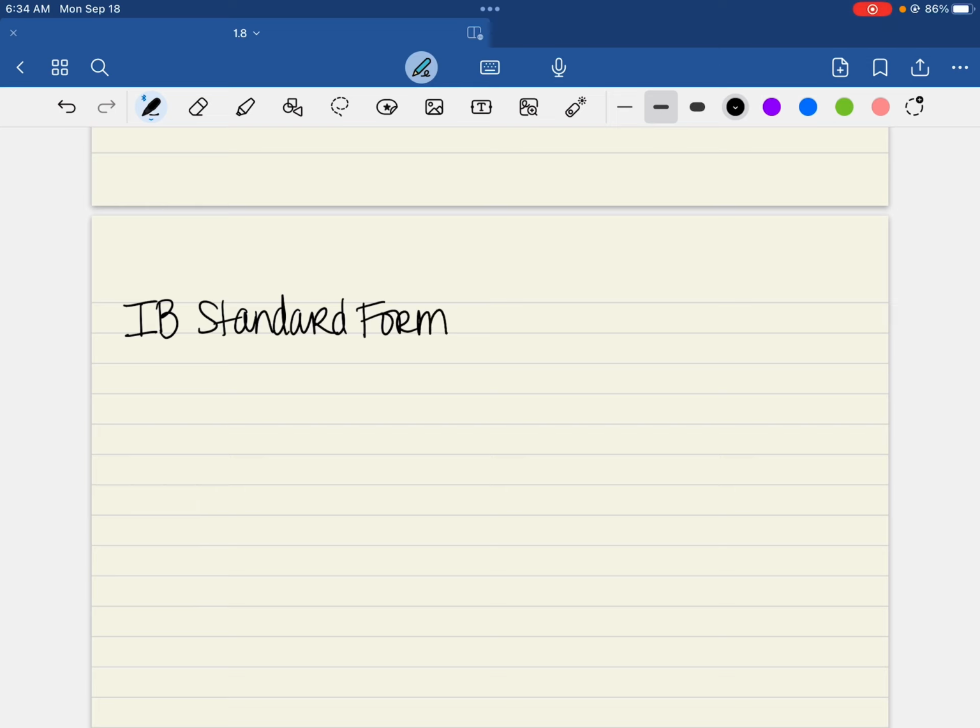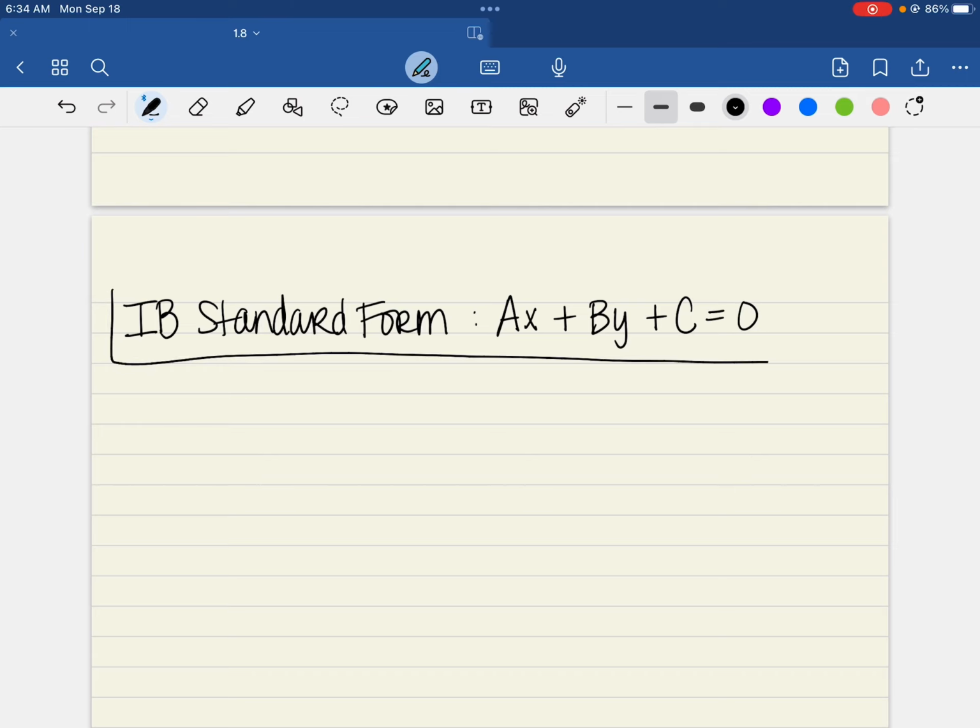Now, IB standard form is the formula capital A lowercase x plus capital B lowercase y plus capital C equals 0. Now remember, math is case sensitive with variables, so please be certain you're using those capital versus lowercase letters.